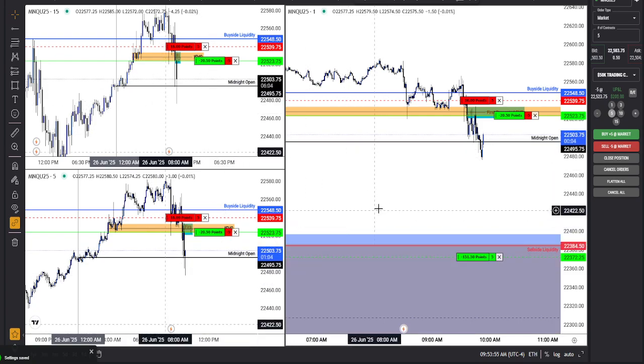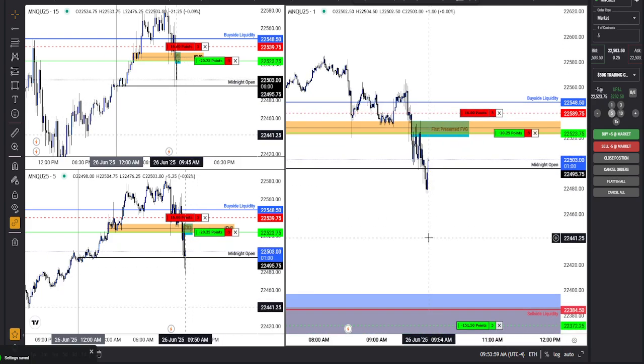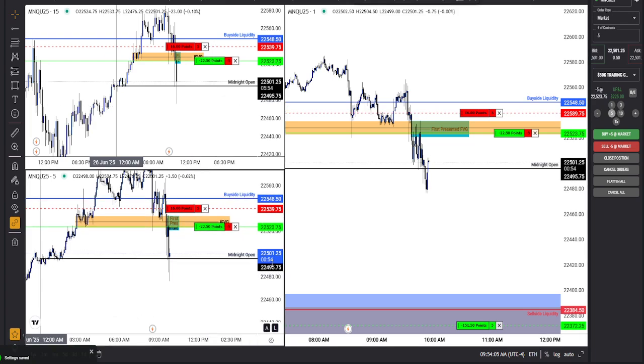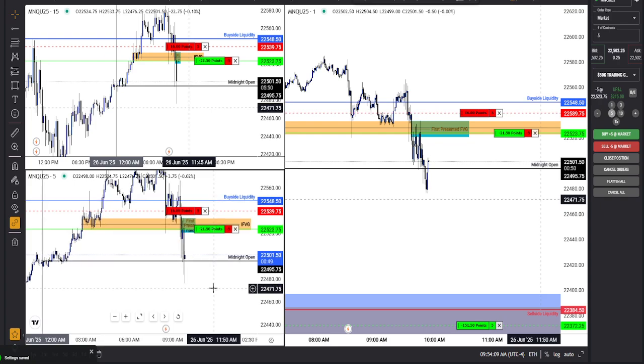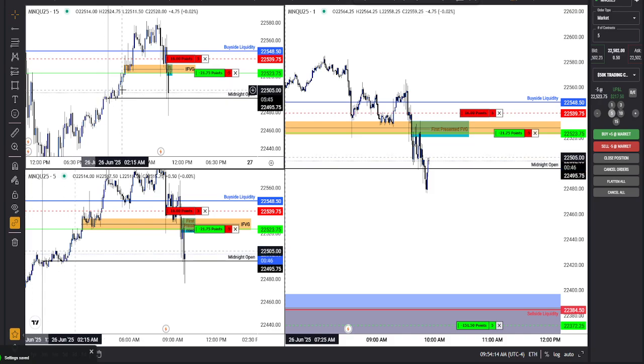Remember, we still gotta trust the fact that price inverts. I don't want this gap to get respect.